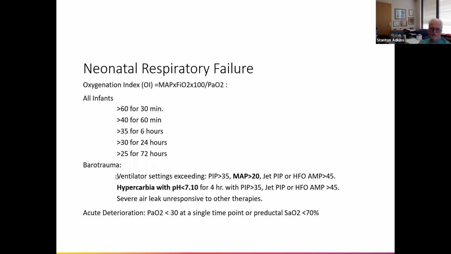And kids who head into the toilet, so to speak, because they are hovering in this area and then acutely deteriorate, those folks can be considered for ECMO earlier, or a precipitous deterioration. You don't have to wait as long to do it.